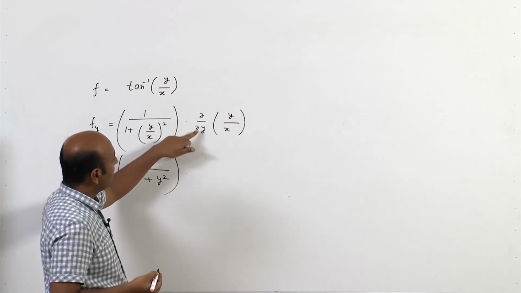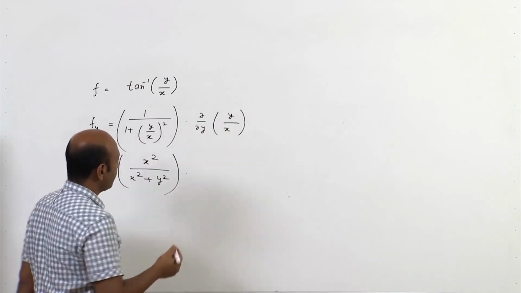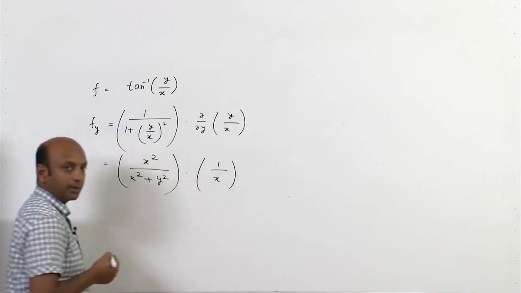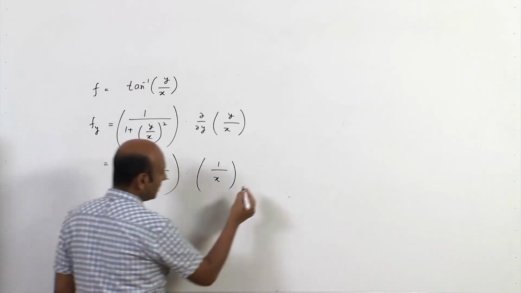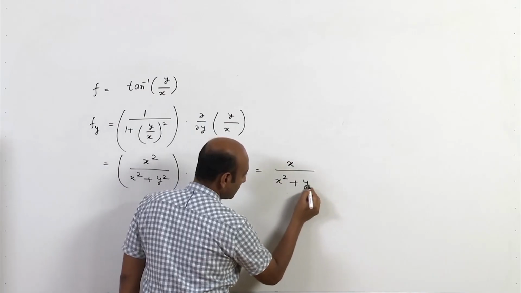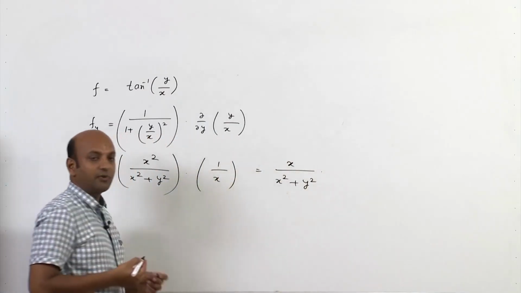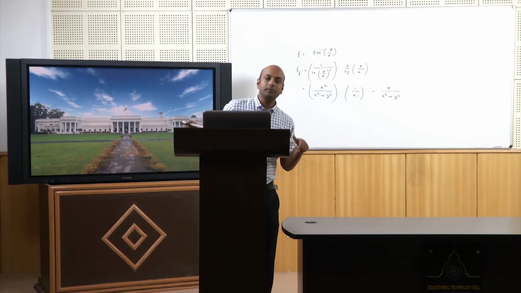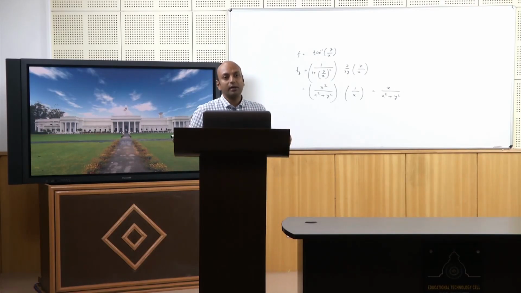Now, del upon del y of y upon x is simply 1 upon x. And this is nothing but x upon (x square plus y square). So, this is how we can find del f upon del x or del f upon del y for some function of two variables.